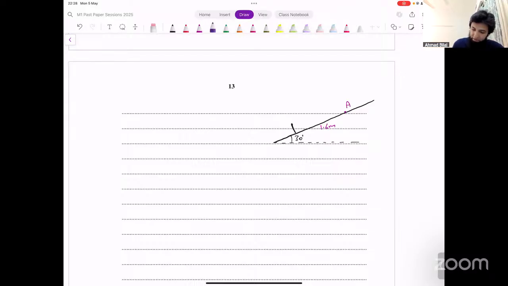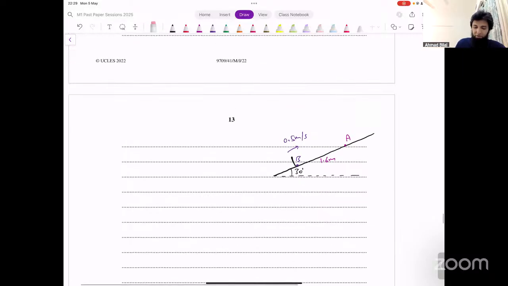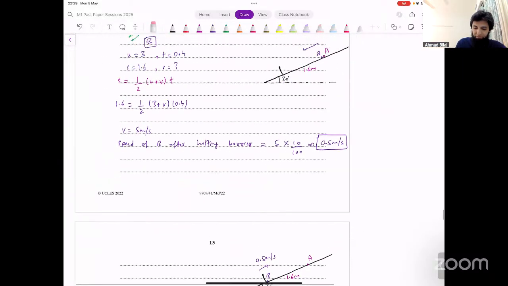B is at this point, and B is moving up, and it starts going up at a speed of 0.5 meters per second. What about A? A would have already traveled some distance while B was going downwards. Let's find that first of all.